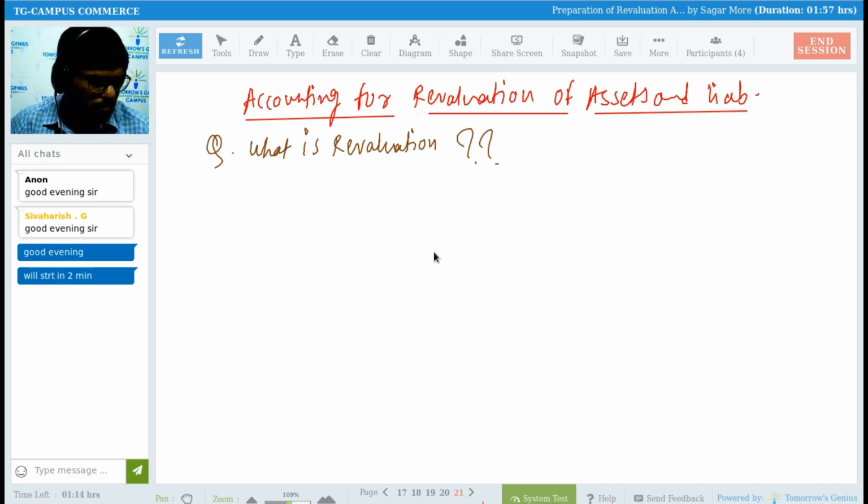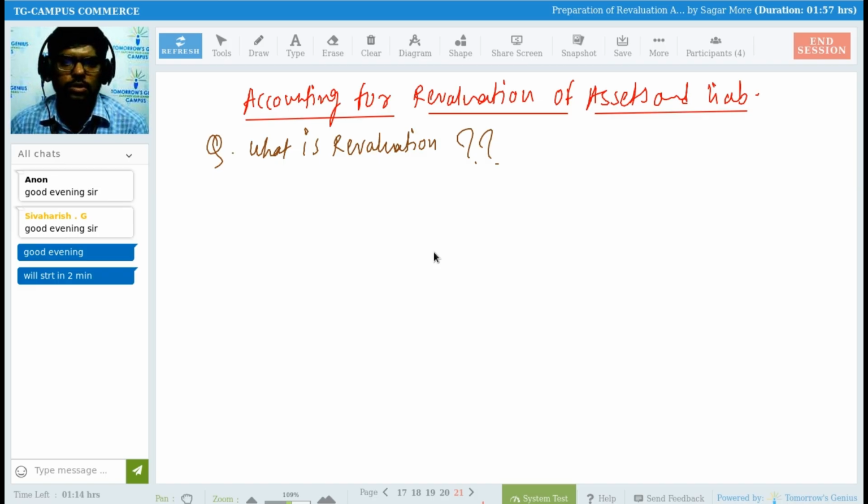Tell me, what do you understand by reading the word revaluation? So what is valuation?